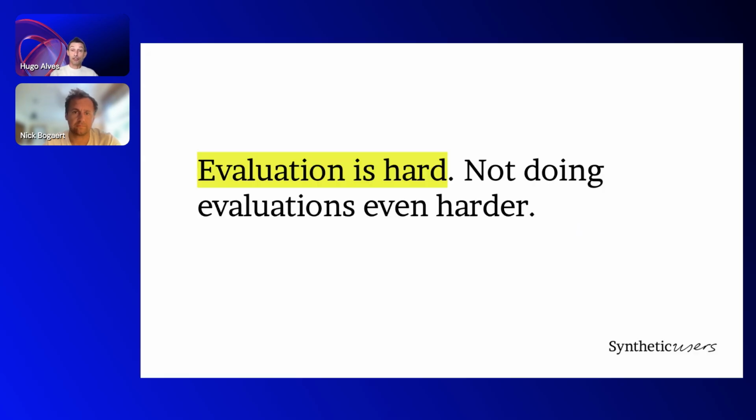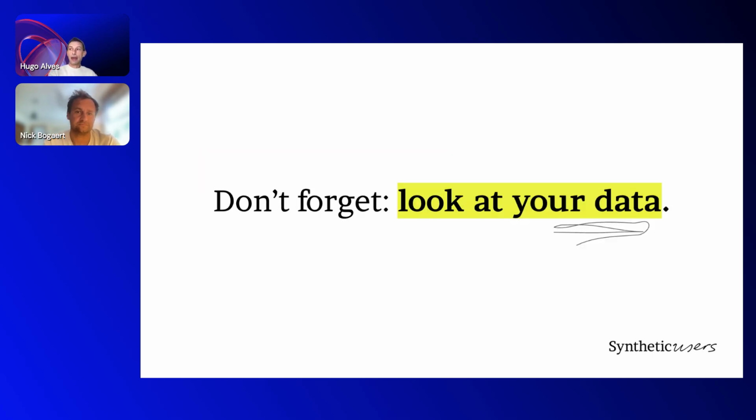To close, evaluation is hard, but not doing evaluations is even harder, because if you don't know where a system is failing or falling short, there's no way for you to improve it. And don't forget, look at your data.